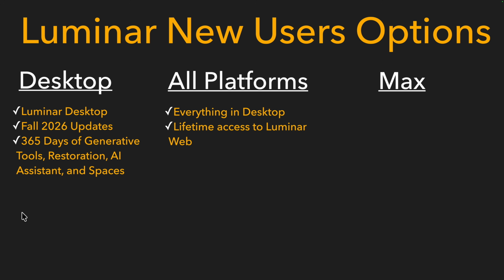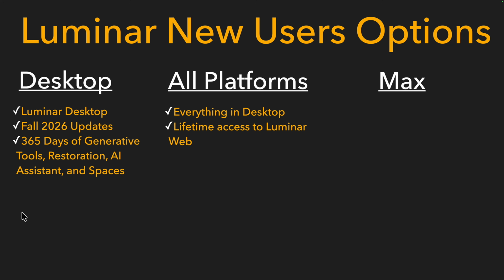Now, let me back up. Not only do you get the desktop option, you get all of what Luminar has had in the core package currently, and everything from the beginning. So essentially you are buying a full package of Luminar when you purchase this.